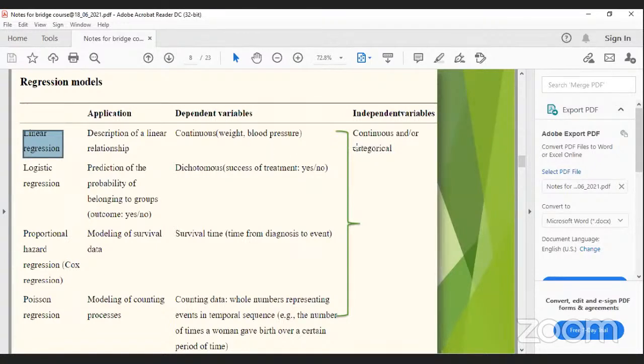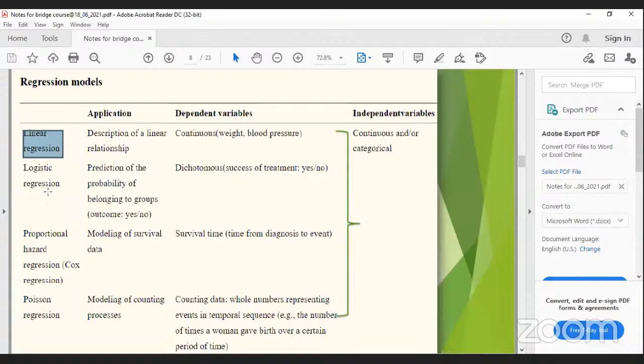Okay, I am not going to cover this part, but you can understand for linear regression, your dependent variable should be continuous and independent variable is continuous. Definitely it should be continuous, but if some variable is categorical, that is also fine. We can go for linear regression introducing some type of dummy variable. Okay, but you can go for that.